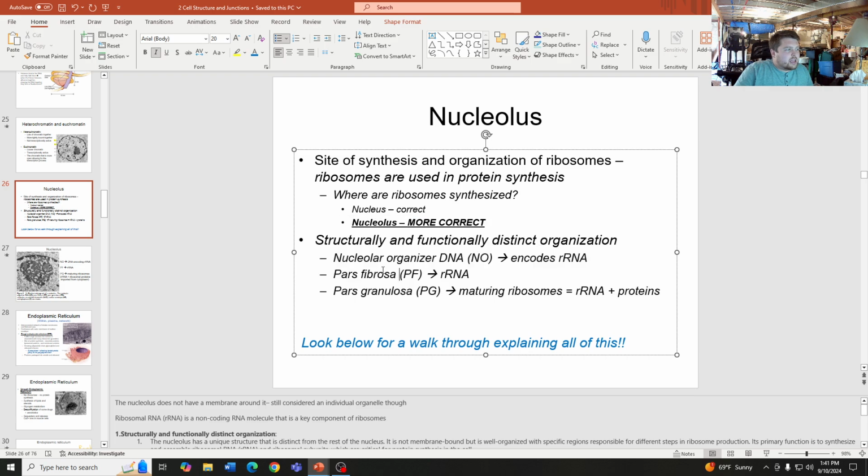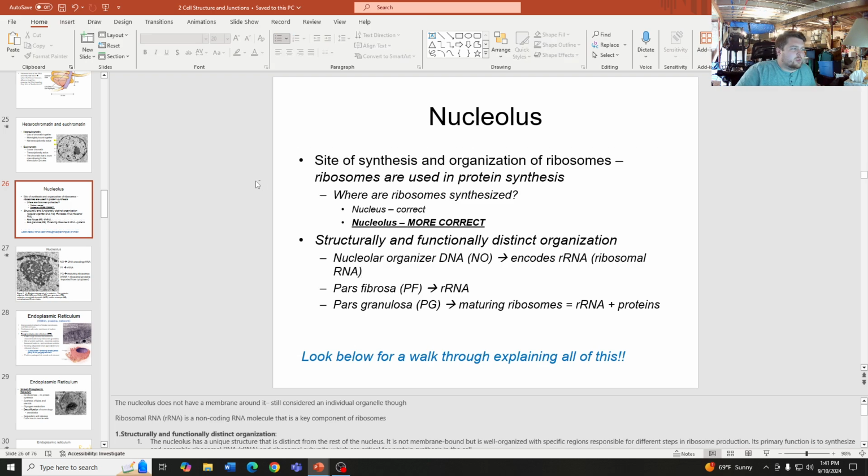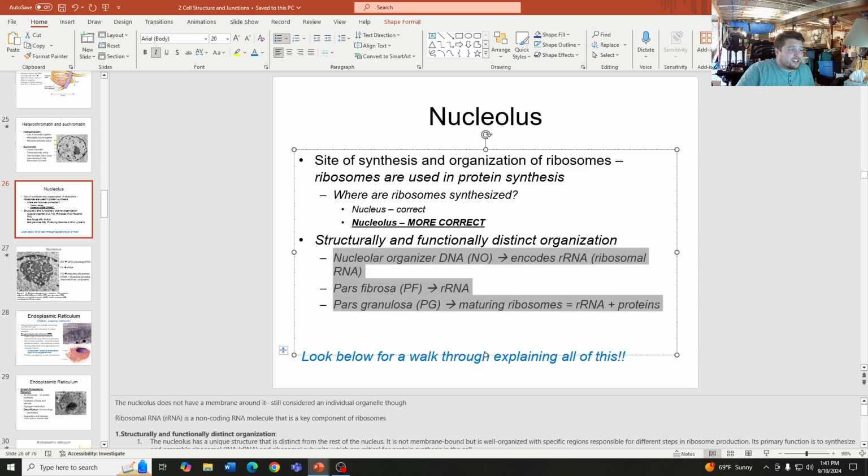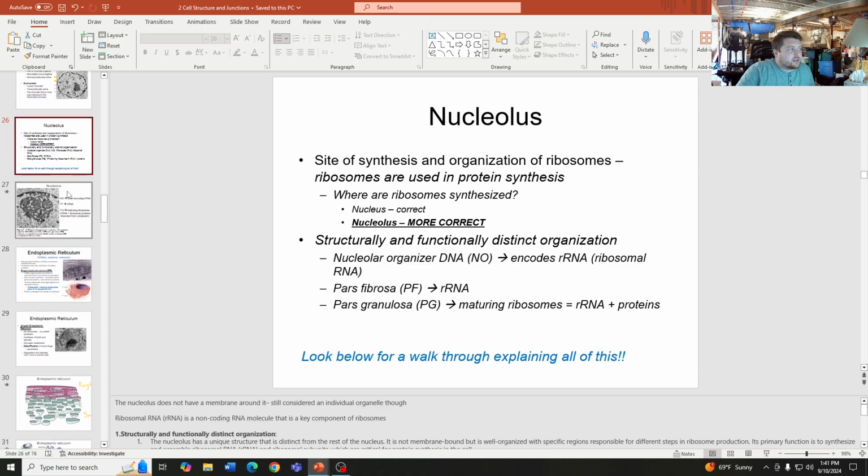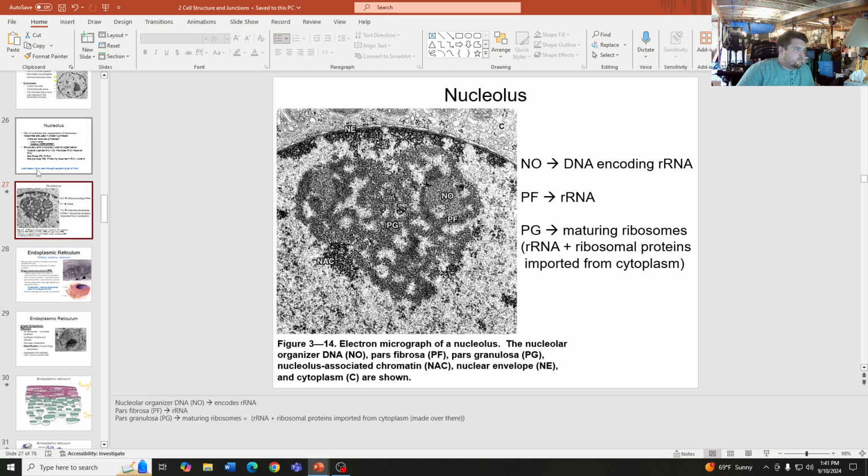You have these different regions, different parts of the nucleolus and different proteins, where you have the nuclear organizer, aka NO, which encodes rRNA. rRNA stands for ribosomal RNA, which is what makes up the ribosomes. You have these things called pars fibrosa and pars granulosa. So what's written right here on the slide is what you really need to know. Down below is more of a description. Here's now a picture of each of these individual components.